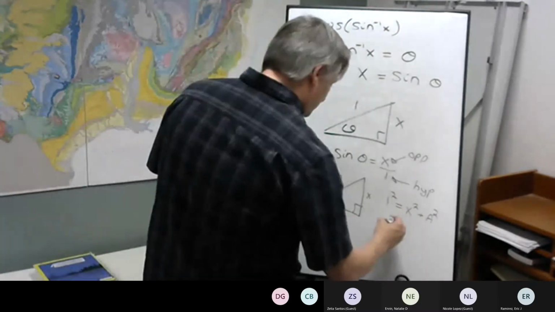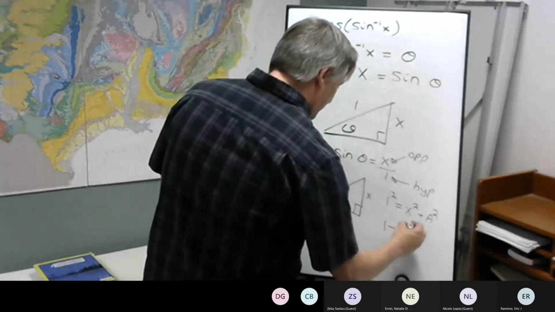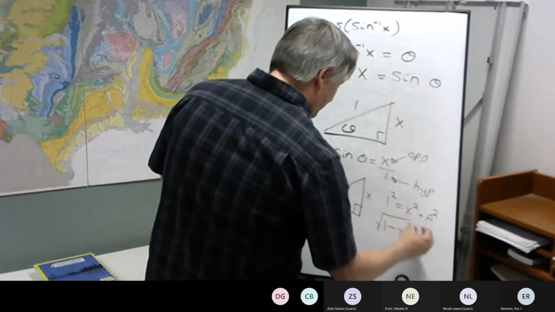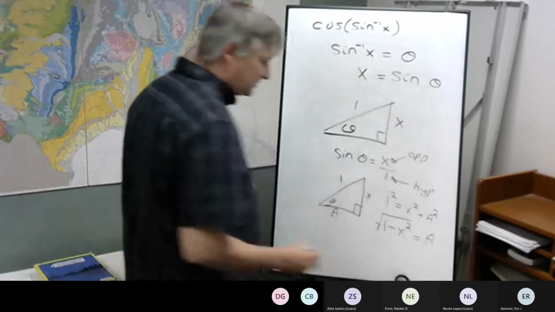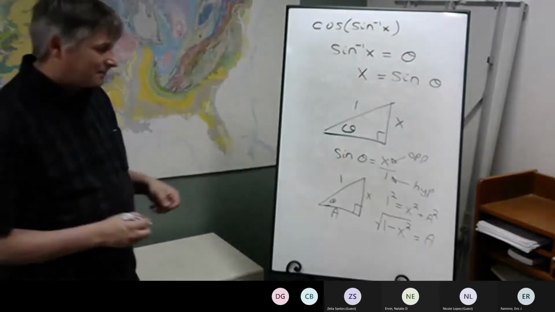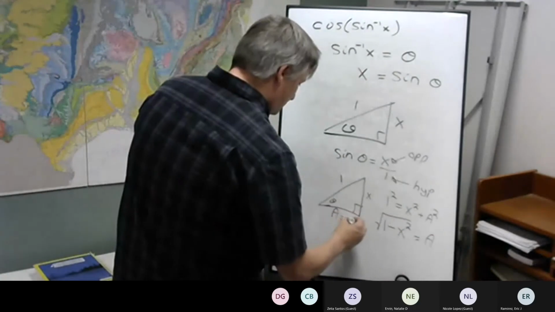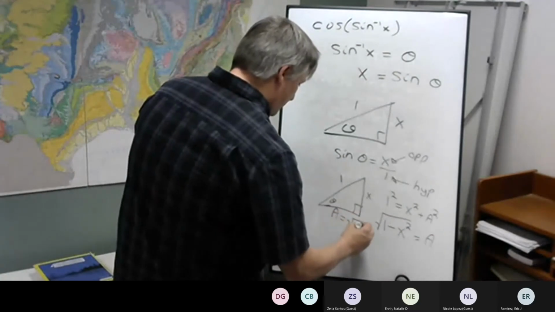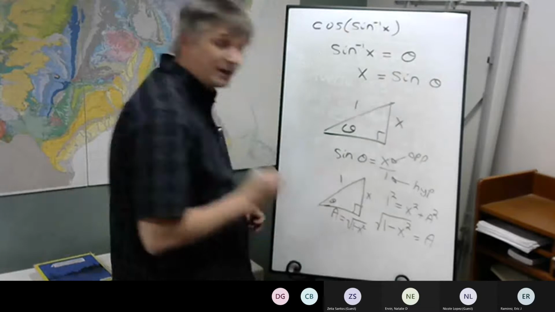Solving for a, we get the square root of 1 minus x squared. So a is the square root of 1 minus x squared.